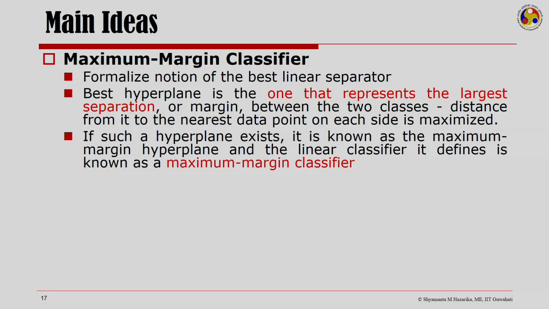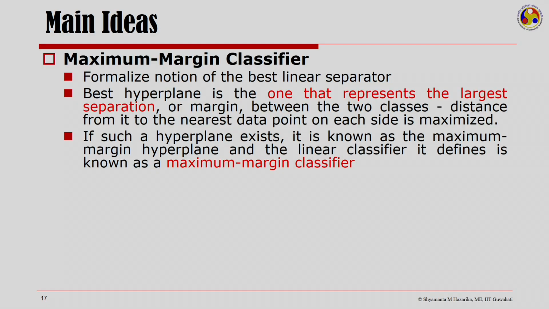And the Gaussian function or the radial basis function is one of the most popular kernel functions used in support vector machines. Now, let us quickly recall what is the main idea of the support vector machine that we have covered in today's lecture. We had actually looked at three very fundamental ideas today. The first of the idea is about the maximum margin classifier.